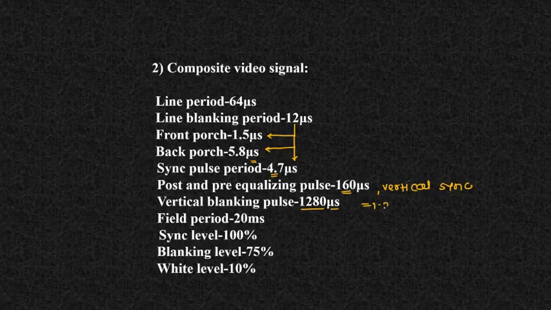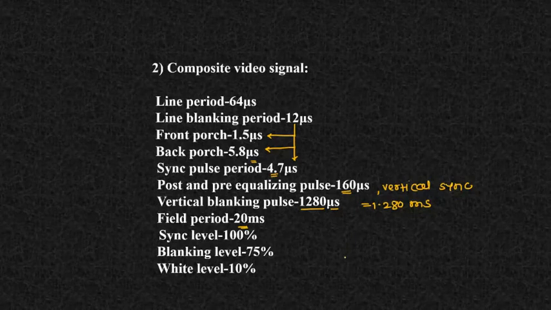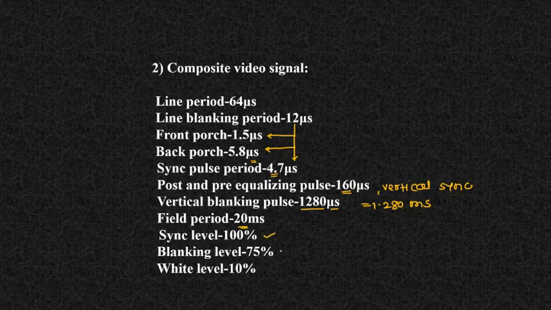This means 1.280 millisecond. Field period 20 millisecond total. तो ये आपका हो गया retrace period, और trace period जो होता है आपका 18.720 millisecond होता है. Sync level is 100%, blanking level is 75% and white level is near about 10 to 12.5%. In some of the books you will find it is 10%, in some of the books you will find it 12.5%. ठीक है, both are correct.